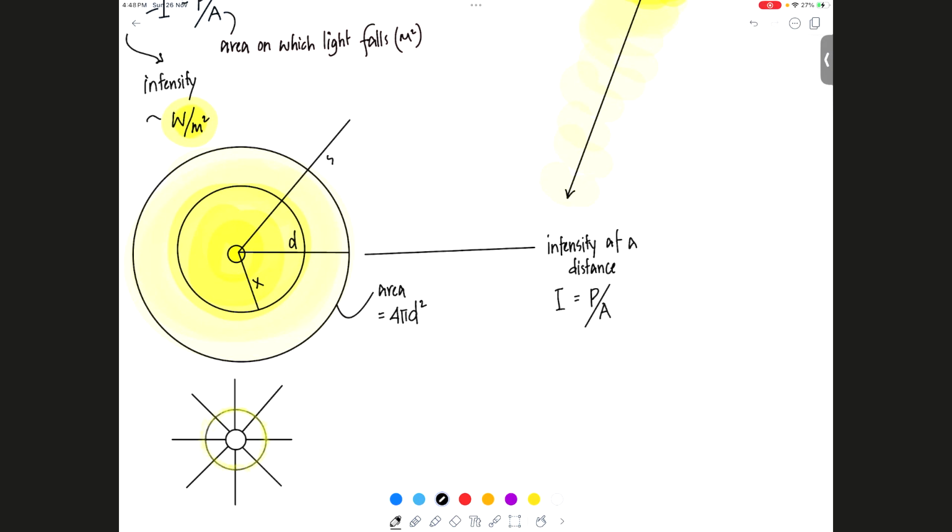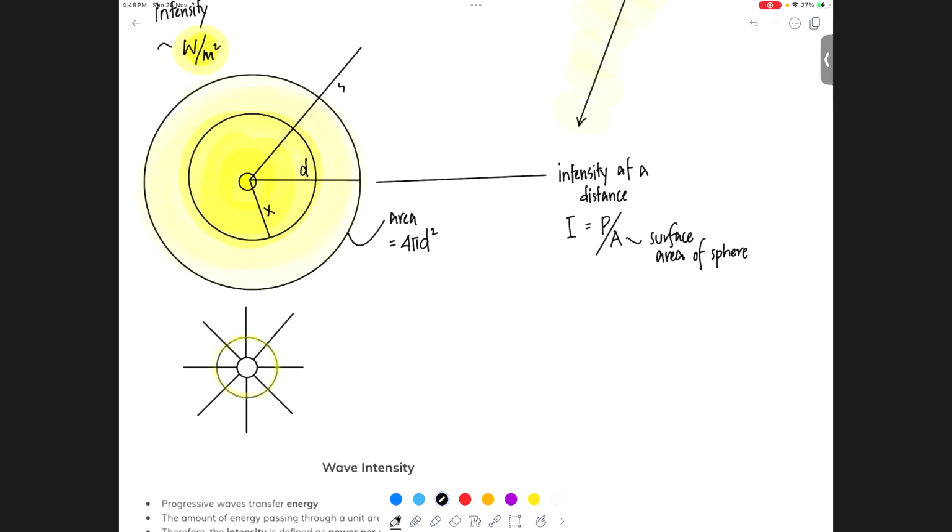The surface area of a sphere. You need to remember this equation, this is the background of it. So intensity is equal to power divided by the area, 4 pi d square. And this is a very handy equation. It tells you how intensity changes depending on how far you are.